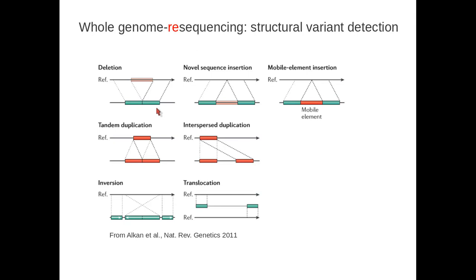There are many different classes of them. The major ones that you should probably be familiar with are deletions. Here's the reference genome. The pink segment is a segment of DNA that's present in the reference but missing from the sample genome. The green represents the flanking sequence on either side of this deleted section.